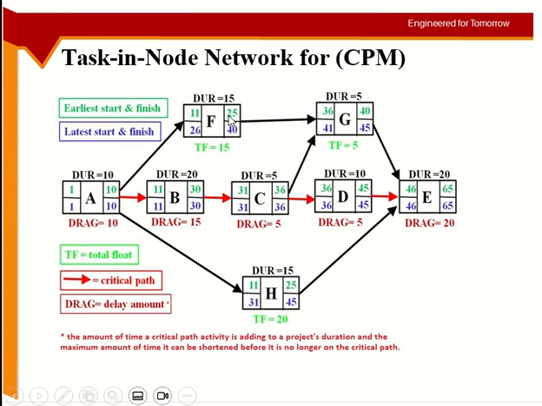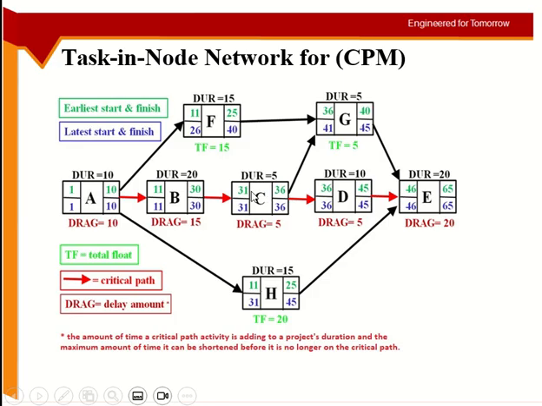Now remember, this should be 35. I told you this is a mistake, so the actual one is 35. So 35 minus 25 means 10 days. So I can delay activity F by 10 days without delaying activity G. Same thing here: 36 minus 36, 0.